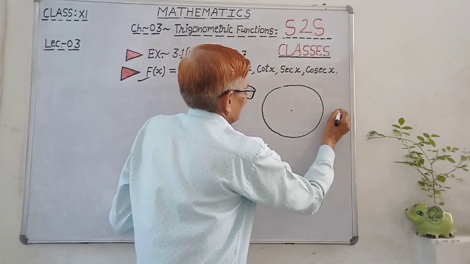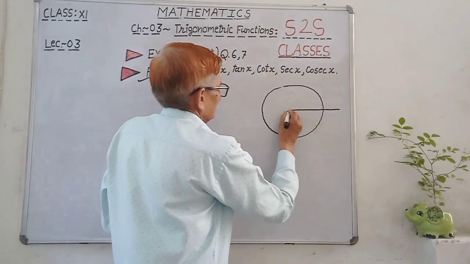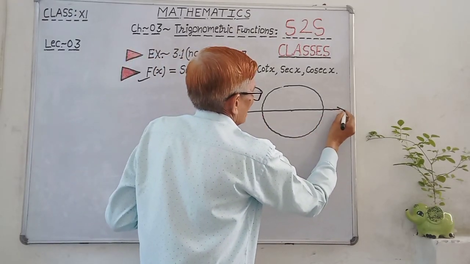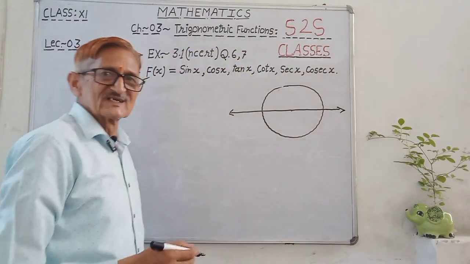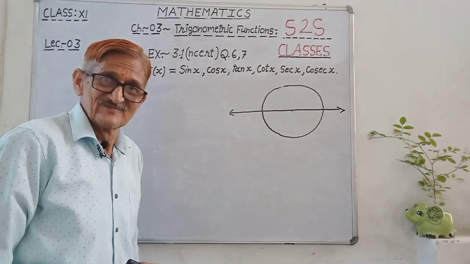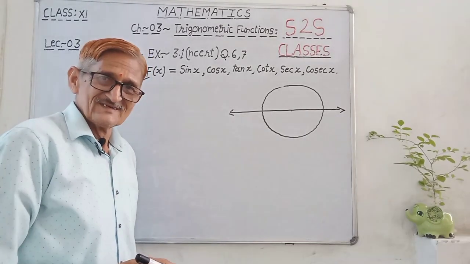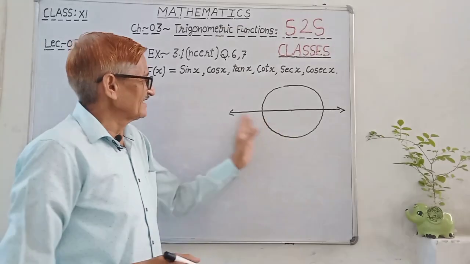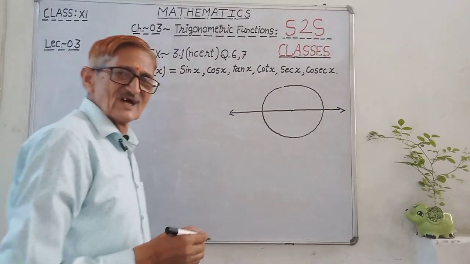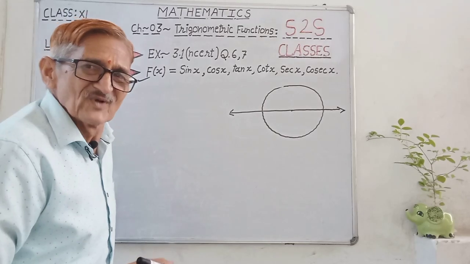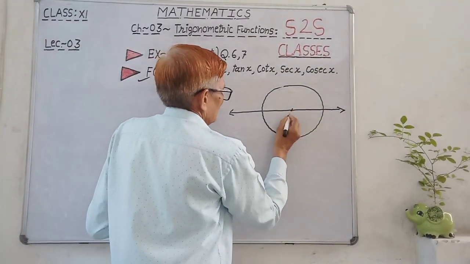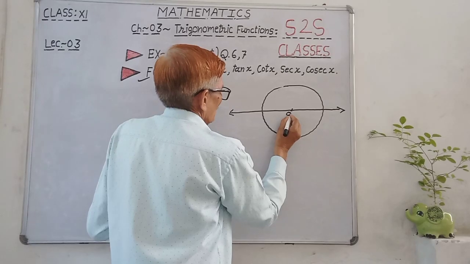Trigonometric functions are understood on the basis of the coordinate system. From the center, a horizontal line passing through the center is the x-axis, passing through center O.